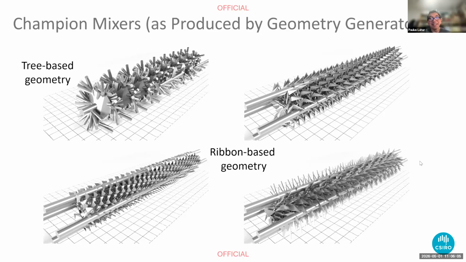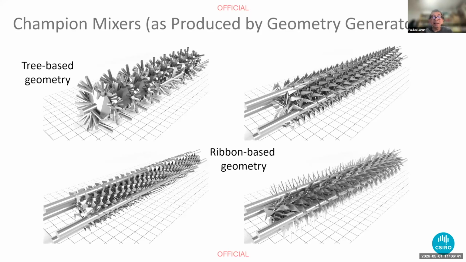Very good point, Nana. Yes. A bit of story from the project. Initially, we tried a 3D-based geometry. When we did that, we realized this was not very good, because from a domain expert's point of view, those tree structures, meaning long thin cylinders, are not a good geometry for mixing.